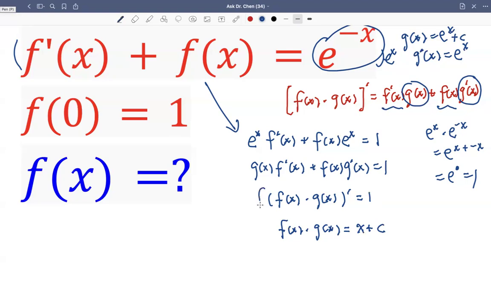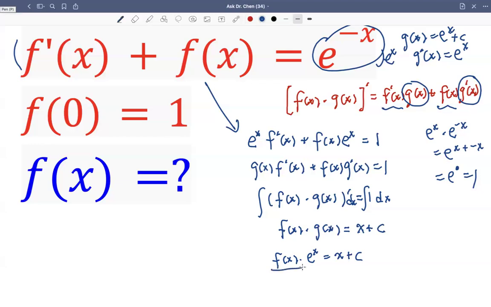So basically what we did is integrate on both sides. Now g of x we already know, we just treat it as e to the x. So we have f of x times e to the x equals x plus a constant term.